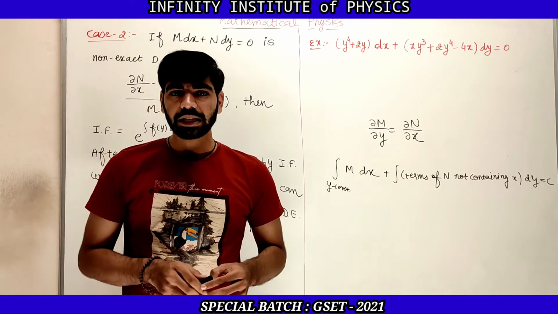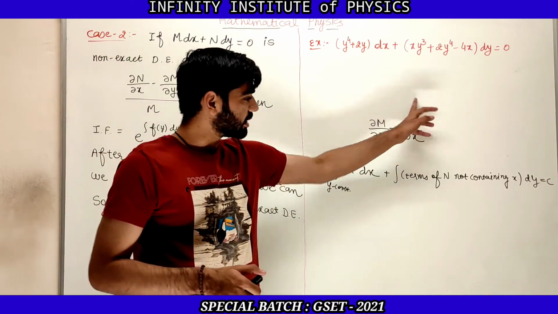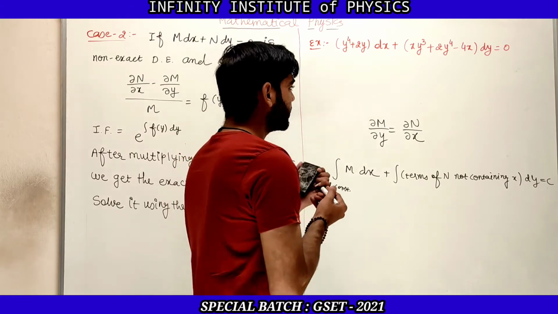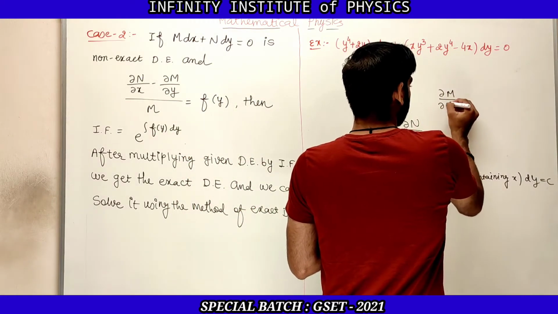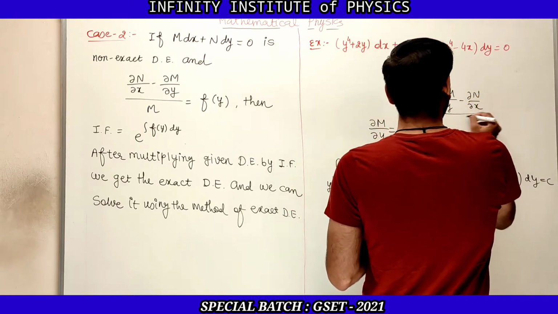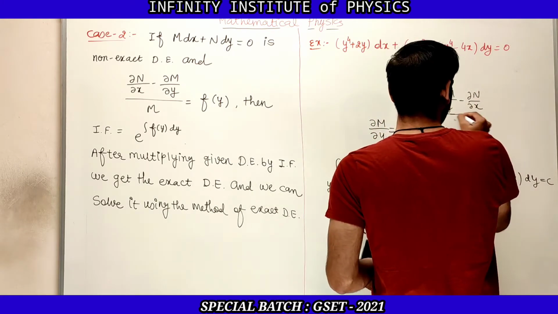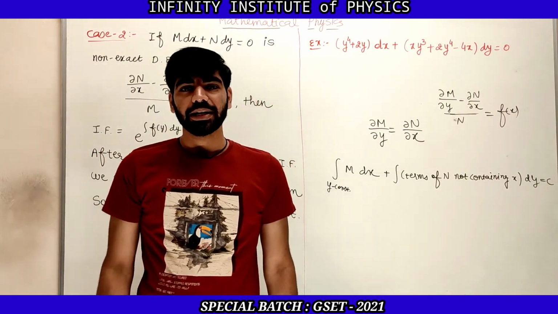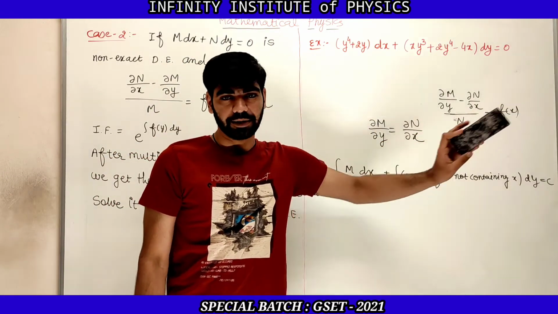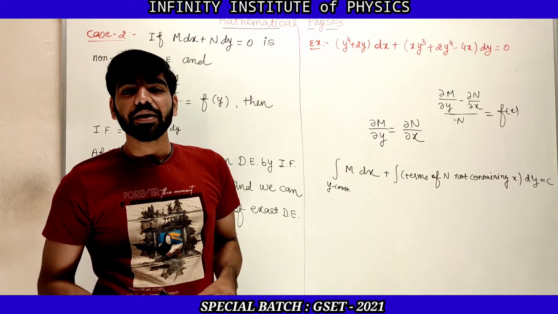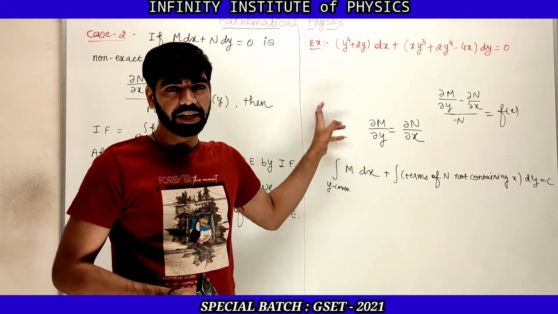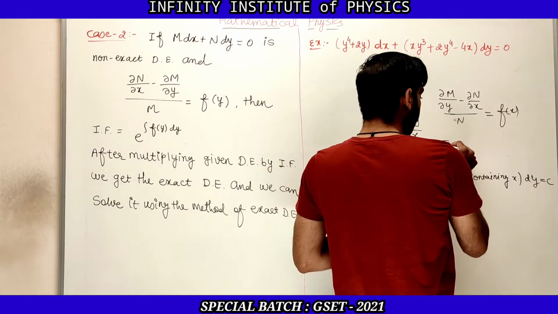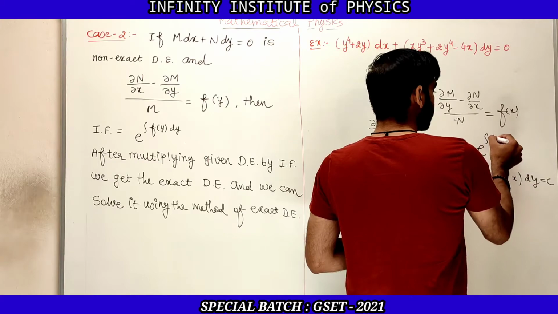Then after that we took the case of non-exactness. That means if the condition del M by del y is equal to del N by del x is not satisfied, then in the first case we studied that if del M by del y minus del N by del x upon N is a function of only x, that means we are getting a term with only x, then we can convert the given differential equation M dx plus N dy is equal to 0 into an exact differential equation by multiplying by the integrating factor, that is e raised to integration f of x dx.